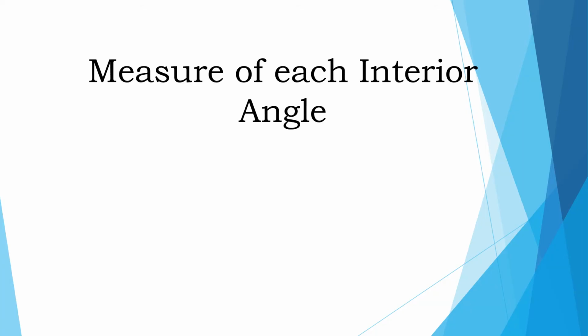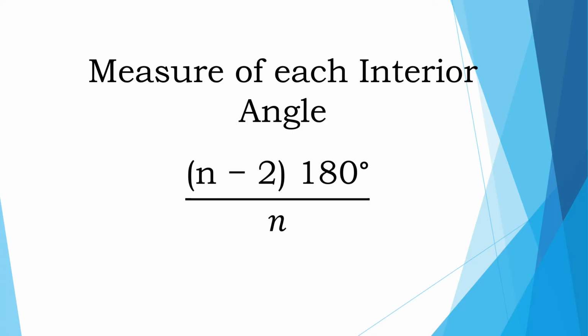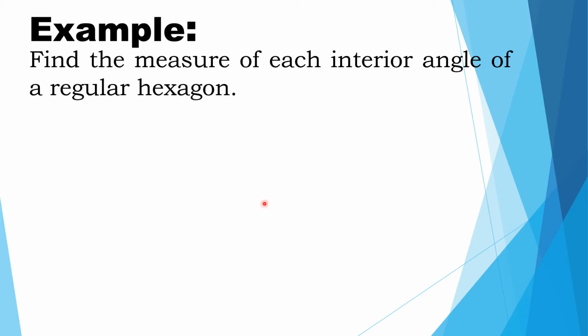To find the measure of each interior angle, we are going to use the formula the quantity of n minus 2 times 180 degrees divided by n, where n is the number of sides. Example, find the measure of each interior angle of a regular hexagon.